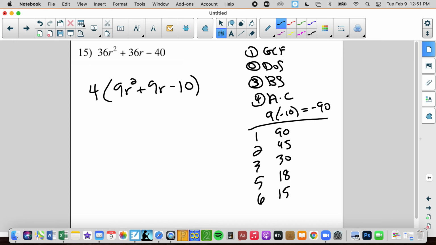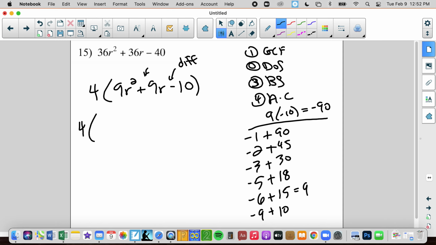That's a tricky one. 7, no. 8, no. 9 and 10. Signs are different, and the bigger gets the positive. And we're looking for a positive 9, and that's that one right there.